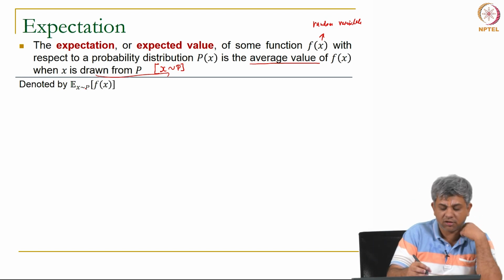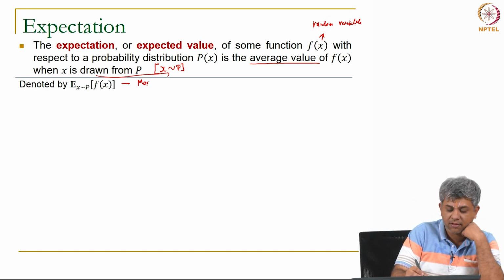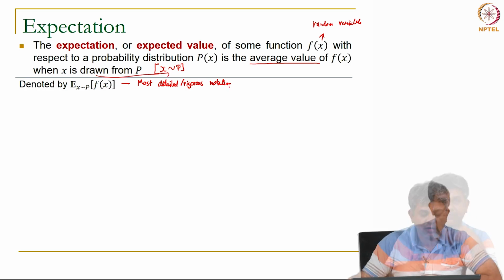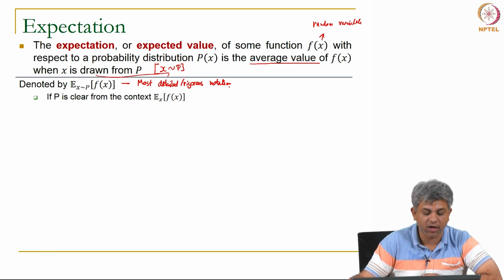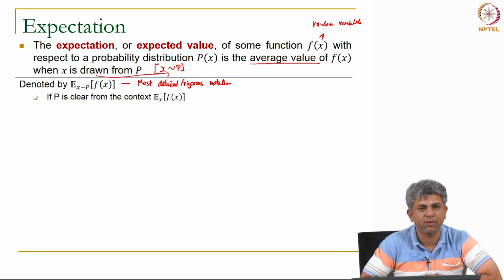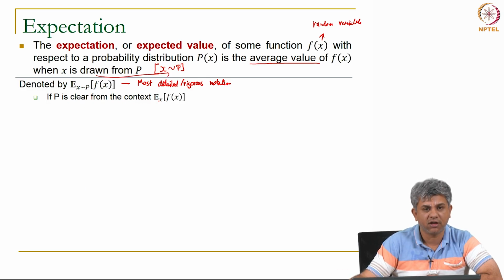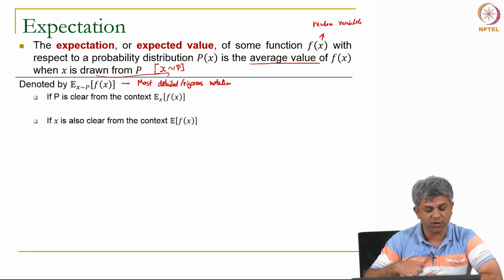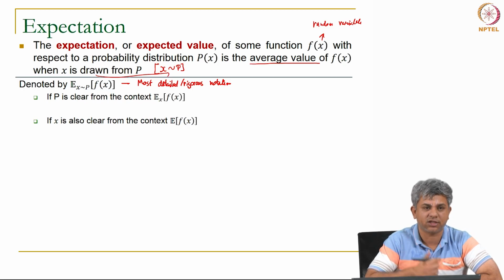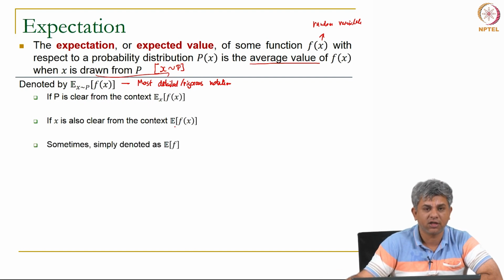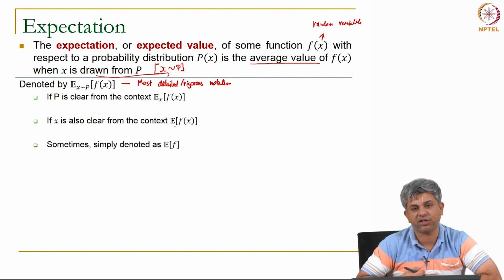This is the most detailed or rigorous notation, but more often than not we use some shortcuts. If you know which probability distribution we are talking about, we simply say expectation of f of x. Even more simply, if you also know which random variable x we are considering, you can simply say expectation of f of x, and sometimes you simply say expectation of f.